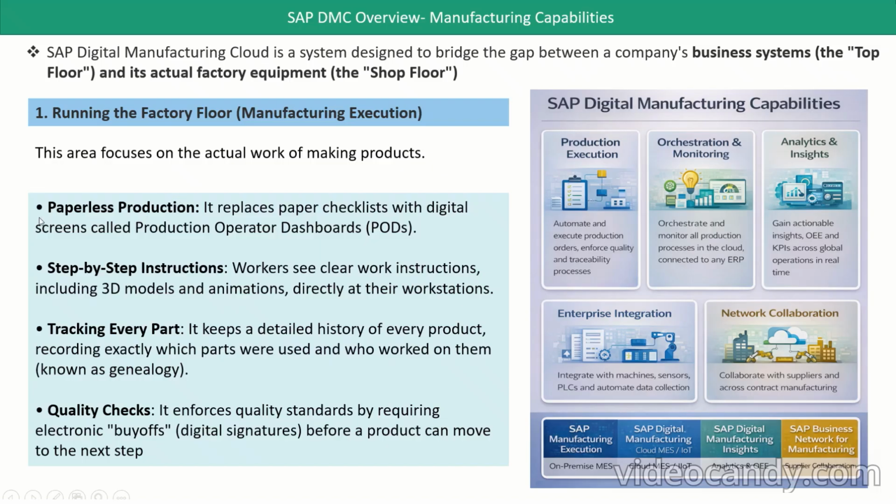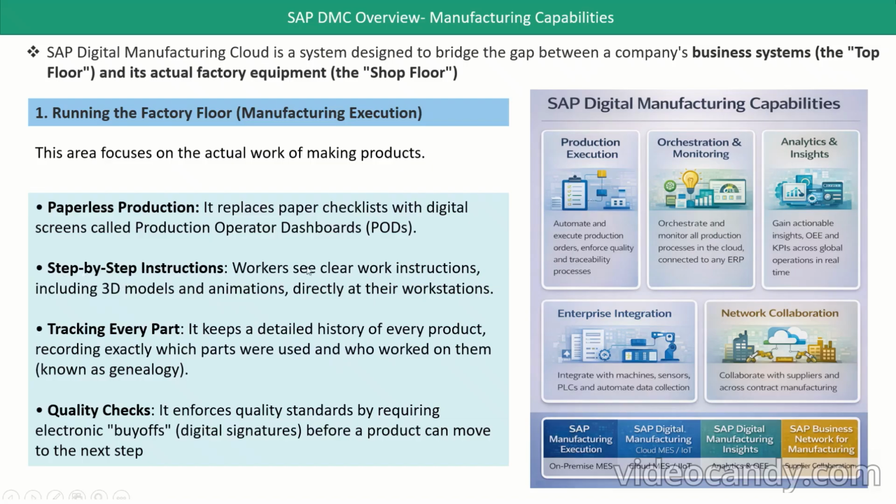If we are manufacturing a product, we don't need any paper for the checklist that we need to maintain. We can build a digital checklist, or we can give a digital screen in SAP DM, known as production operator dashboards. Through that, the operator will interact with the SAP Digital Manufacturing system, and each and everything will be recorded and stored in the database.